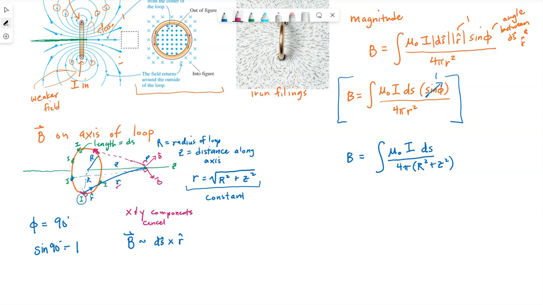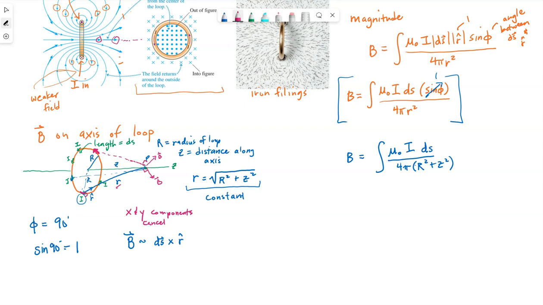If I erase my lines along this axis, the magnetic field is completely pointing to the right. It's completely pointing in this Z direction. And so we only need to account for the Z components of the magnetic field.